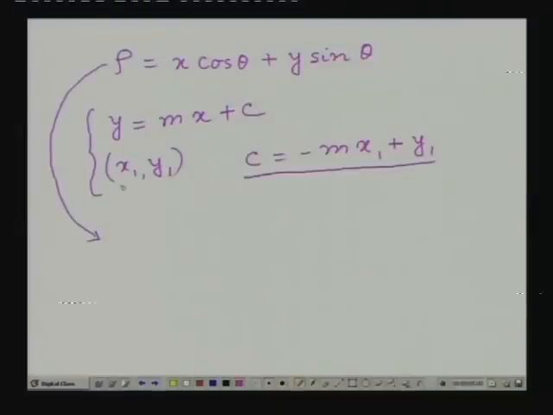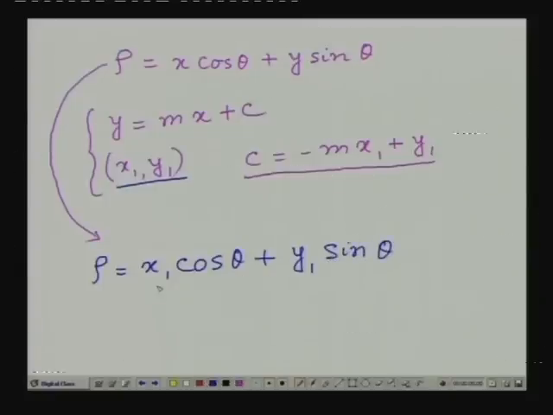Whereas, in this particular case, for the same given point x 1 y 1, in the parameter space the equation that we get is rho is equal to x 1 cosine theta plus y 1 sin theta.